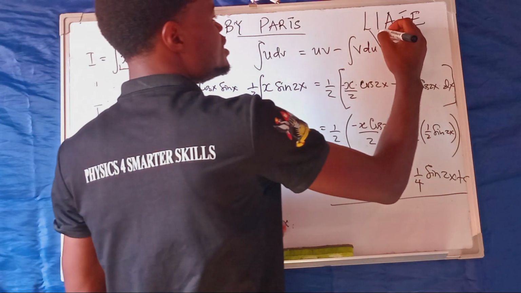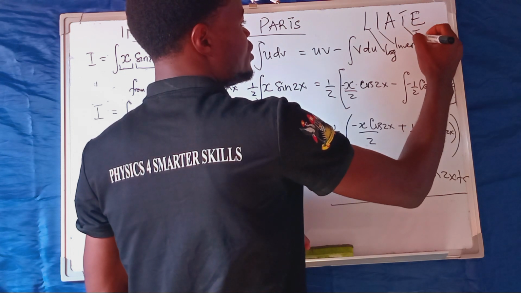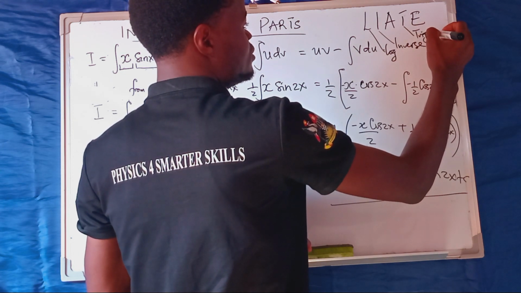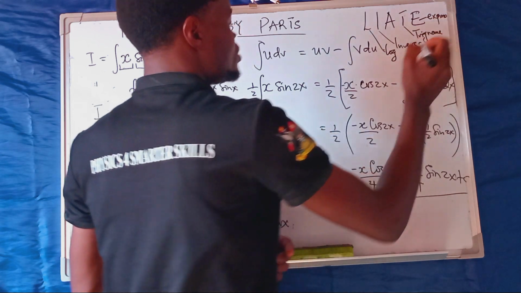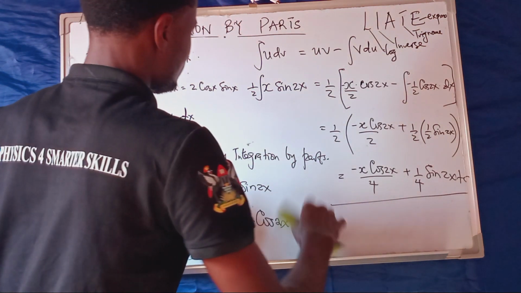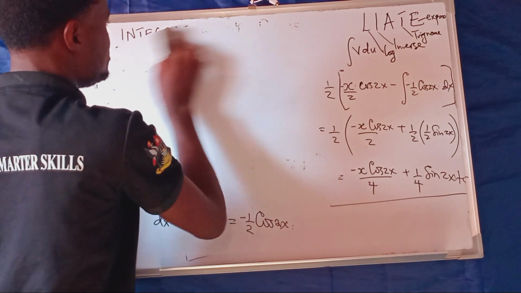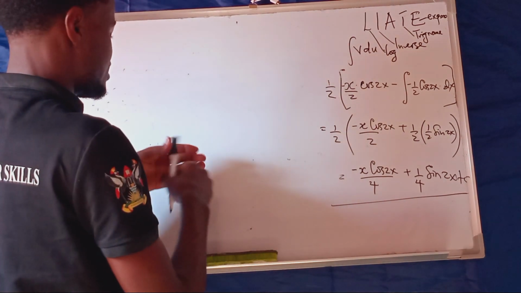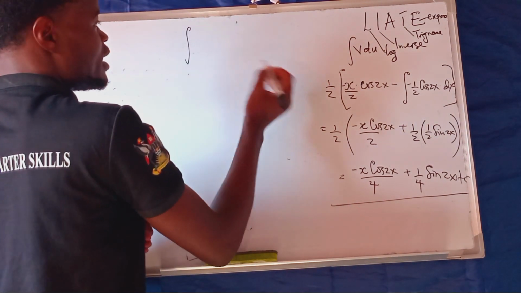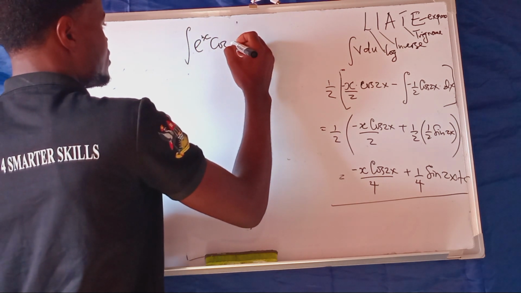Then this one, this is inverse. Then this is a trigonometry function. Then this is an exponential. So what does it mean if I'm given such a function? Say I have exponent of x cos x.